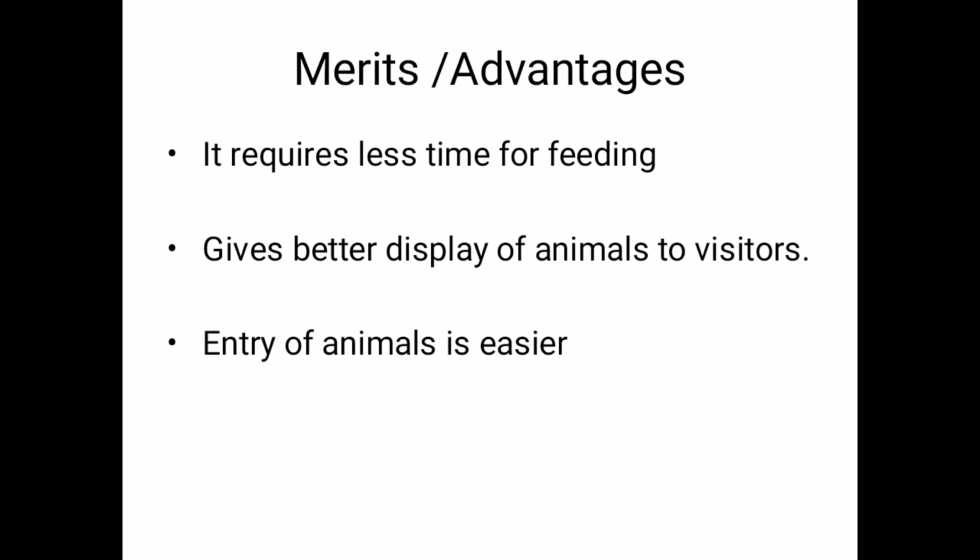The first advantage is it requires less time for feeding, because the manger is common or the feeding alley is at the center in some types of houses, and from there only the feed is to be provided to both the rows. It is not required to go for a long distance, as is the case in tail to tail system that we are going to study later on. So the labor requirement for feeding is less.